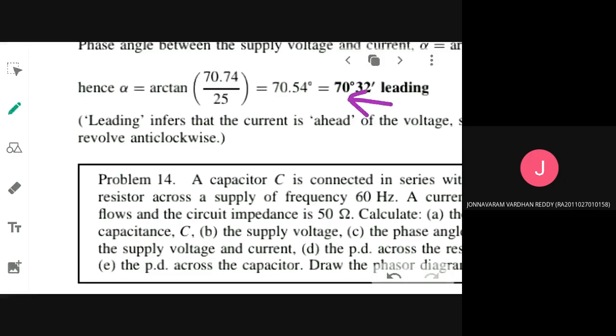Are you getting 70.54? Okay, all got these answers and you understood how to proceed for the RC circuit solution.